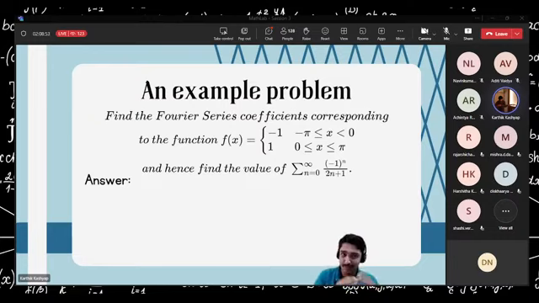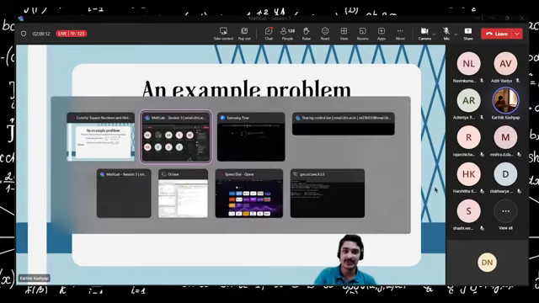So we have to find the Fourier series coefficients for this function. Let's do trigonometric, and we also have to find the value of this summation that is mentioned. First we'll get the coefficients for the series and we'll see how we can get to this summation from that. So I'll switch to my tab.